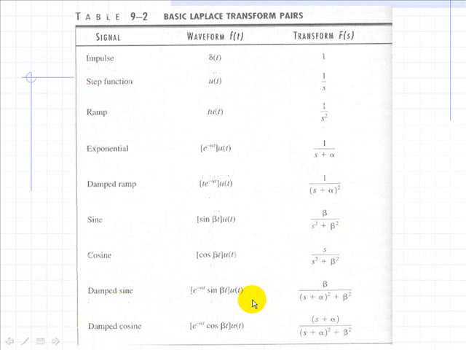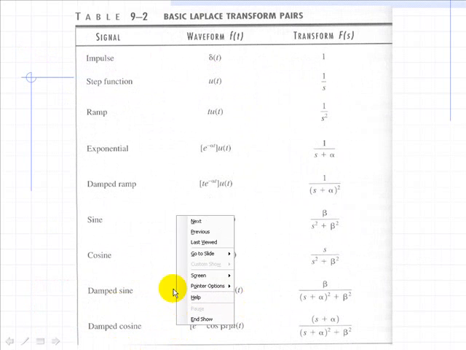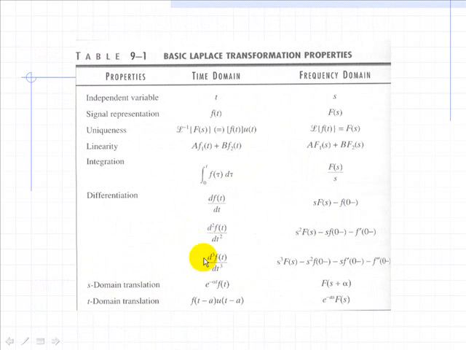Here's the table of the summary. Let me go back, previous page. Okay, so basic Laplace transformation properties. We have 3 columns: the first column is properties, then the time column, and then the frequency column.